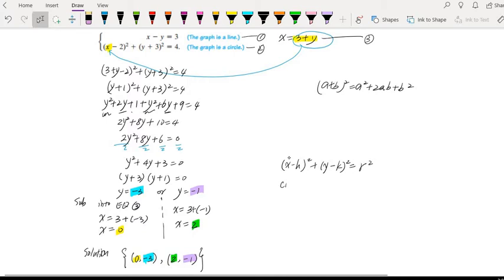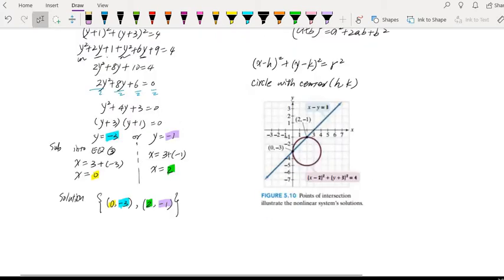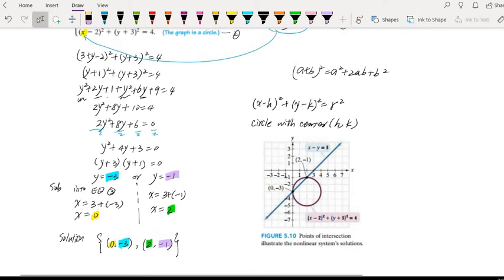That is the circle formula. Alright guys, we have a straight line and a circle. If you look at the intersection, that's exactly what we found. That is our graph on the right hand side. If you match the solution, it's just two graphs that intersect each other.